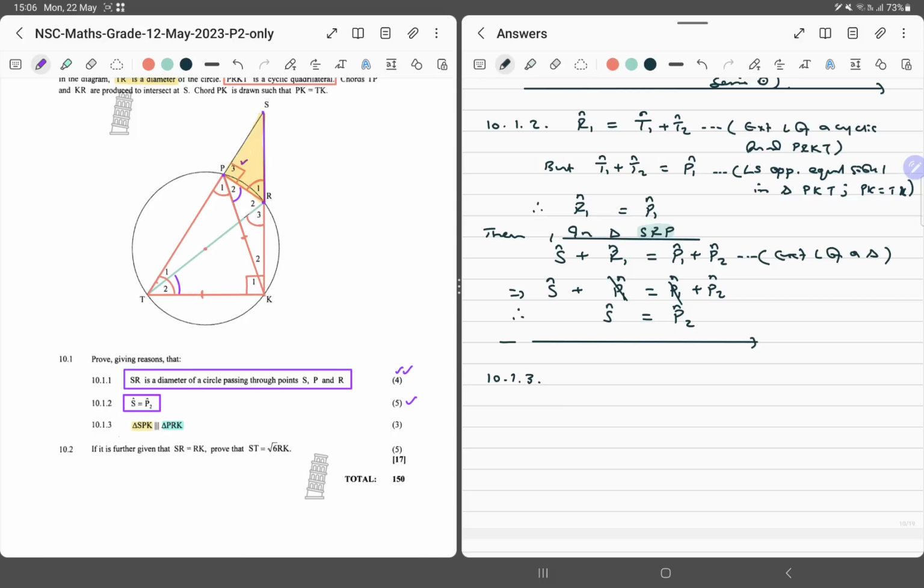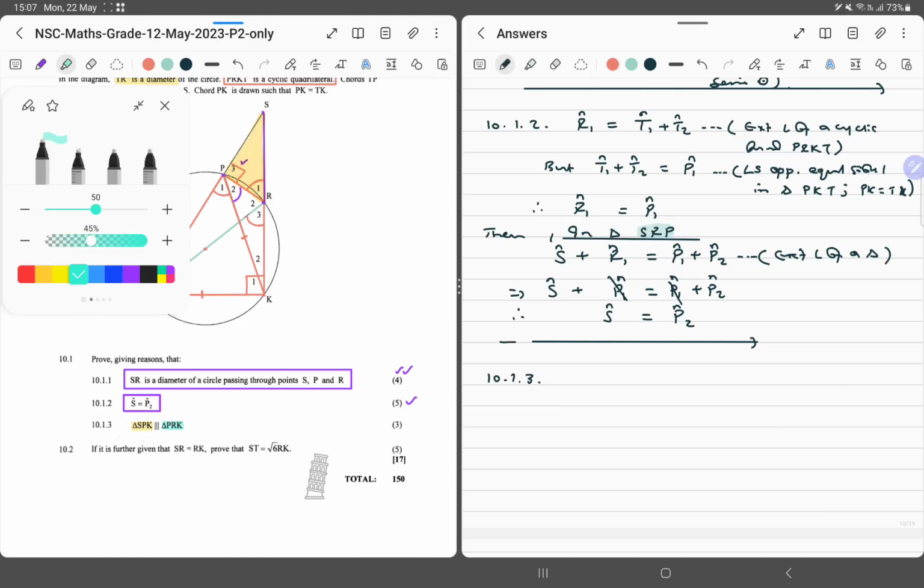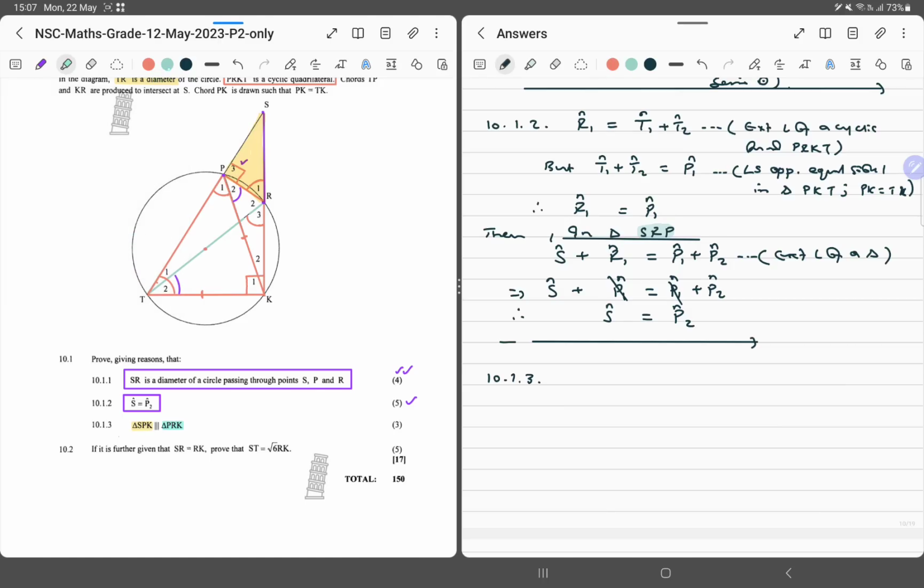Wow. Okay, so it looks like we're working with this triangle here. What color can we put in there? This triangle right here. So we're looking at that triangle right there.